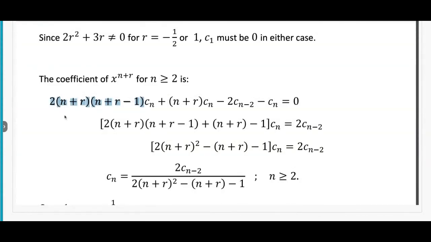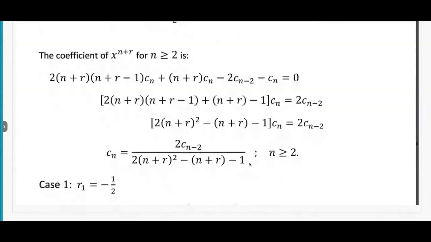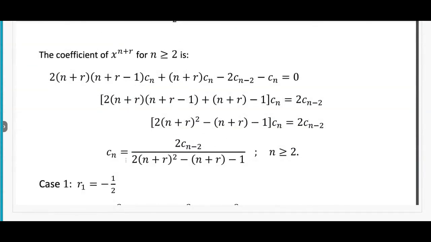Like this. So we simplify, again keep simplifying, and get a relationship between Cn and Cn minus 2, right? So Cn and Cn minus 2 have this scalar relationship, 2 over this.